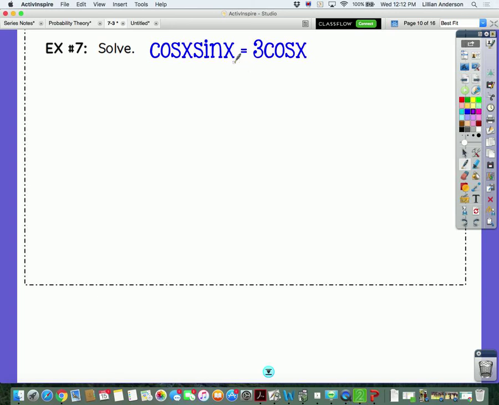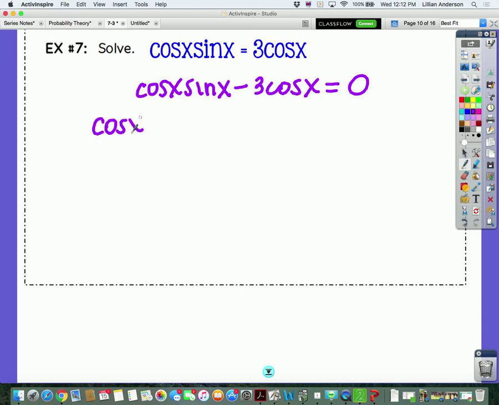If you bring the 3 cosine x over to the other side by subtracting it, cosine x. I think we did this at one time with simplifying, where we had two terms that had the same thing in common. We factored it out to try to simplify it.